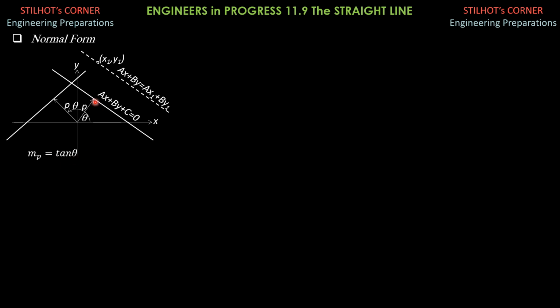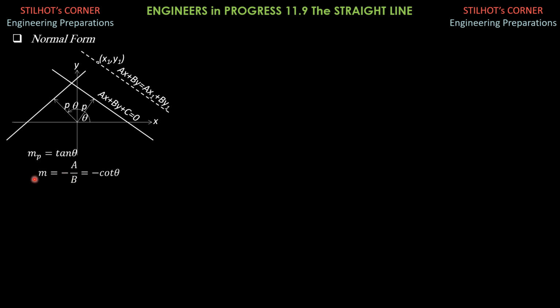And since the slope of this line is in general negative coefficient of x divided by coefficient of y, negative a over b, therefore the slope of p is the negative reciprocal of negative a over b, which is positive b over a, or the slope of the line in terms of theta is negative cotangent of theta, because the slope of p is tangent theta, so the slope of this line is the negative reciprocal of tangent theta, so negative cotangent theta.